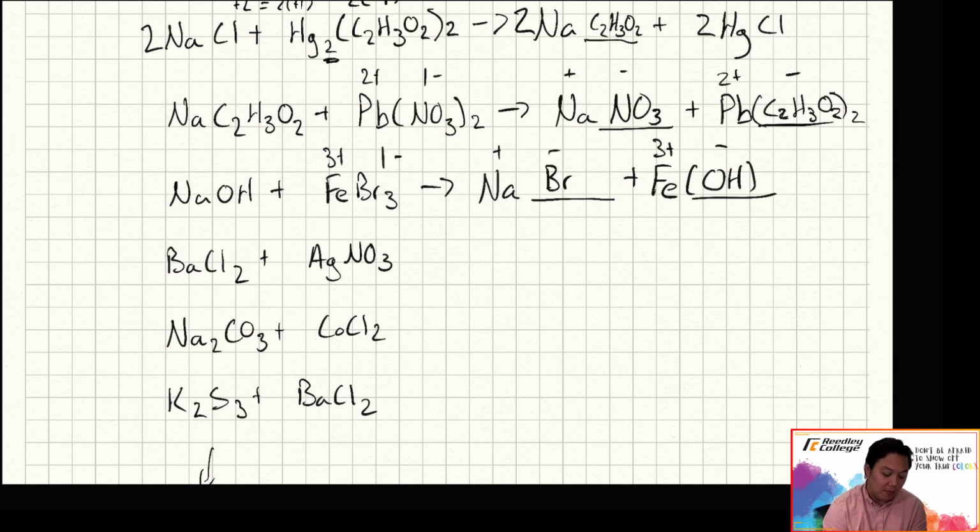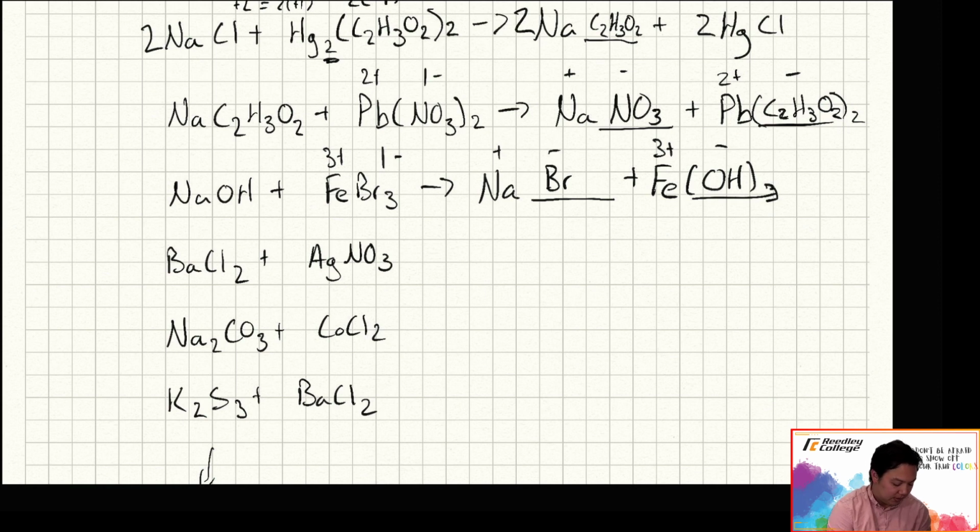But because we have a single minus charge for hydroxide and a 3+ charge for iron, we're then going to add a 3, and make sure you add the brackets or parentheses to indicate that we're multiplying this entire group by 3. And then we can balance. So let's just start with the hydroxide since we're there.